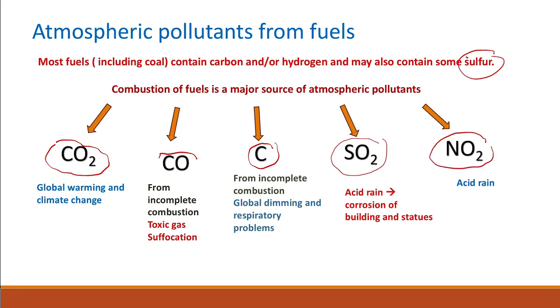Nitrogen dioxide as well is one of the gases that are emitted from burning fossil fuel in cars because of the high temperature in the engine. Nitrogen and oxygen from air will combine together to give nitrogen dioxide, and nitrogen dioxide as well is one of the causes of acid rain. So it has the same impact as sulfur dioxide.